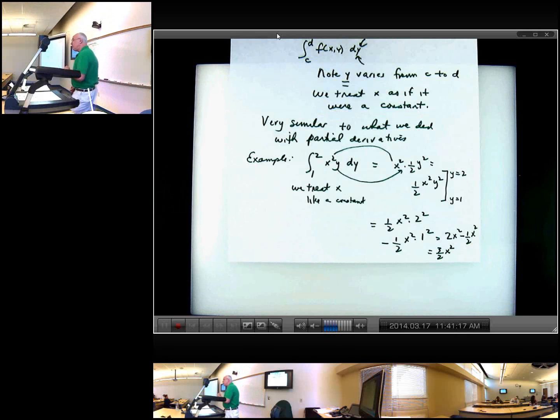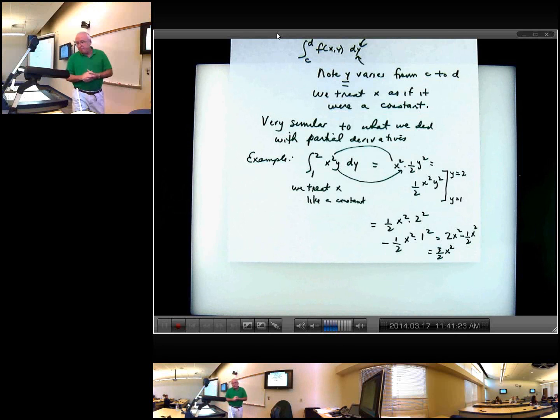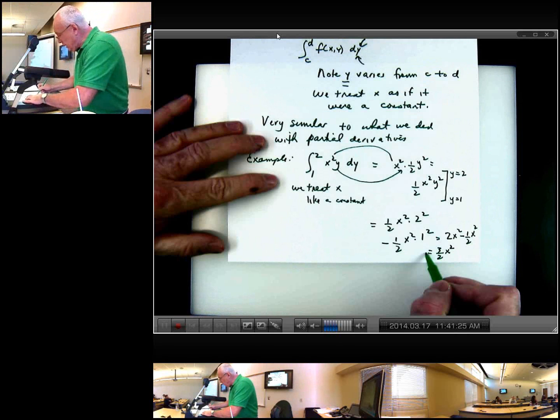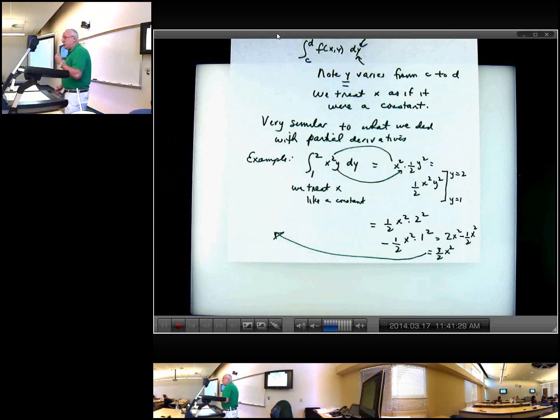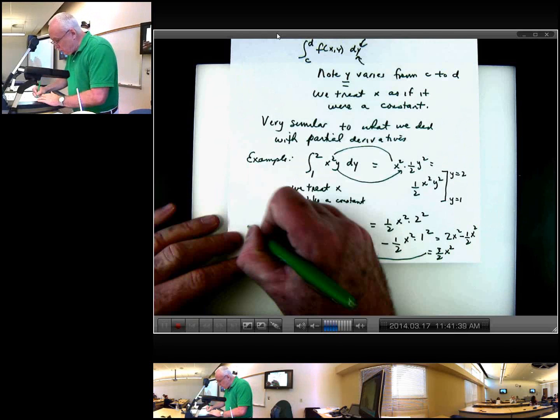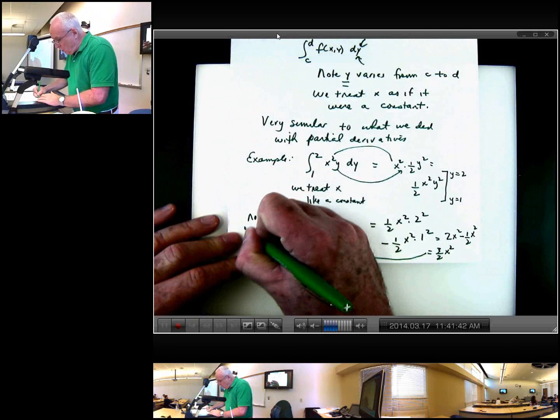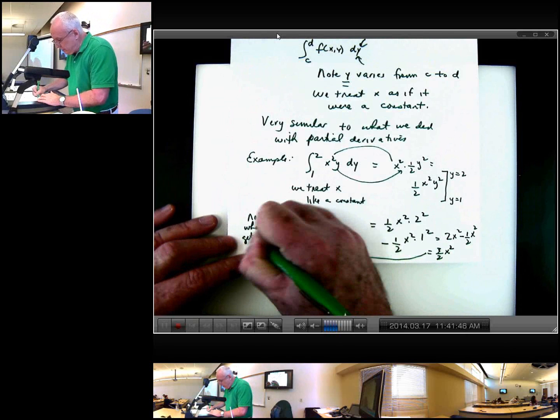So this is our, shall we say, our answer. This is our evaluation. But notice what we get here has the variable x still in it. That x did not go away. We treat it like a constant as far as antiderivative is concerned. So here, note, what we get is a function of x.